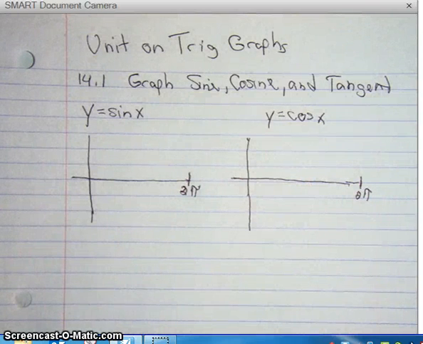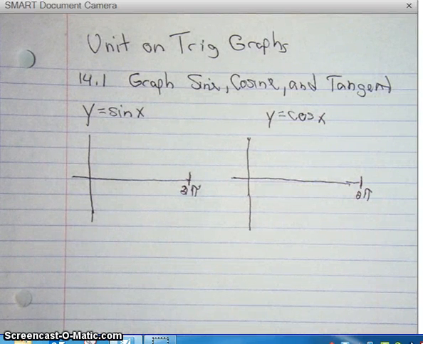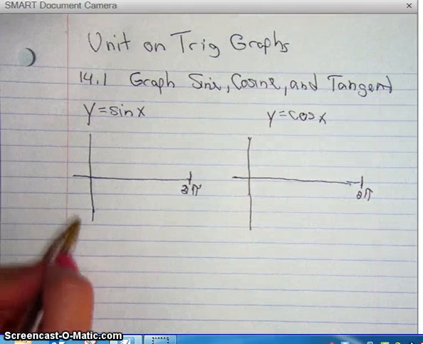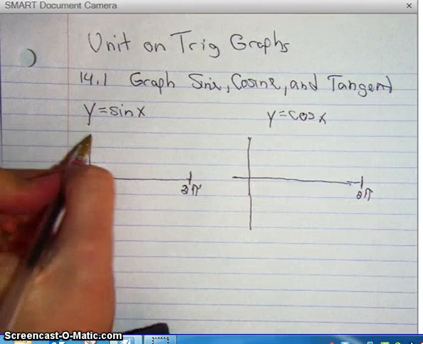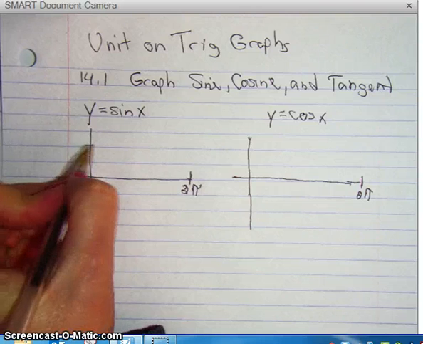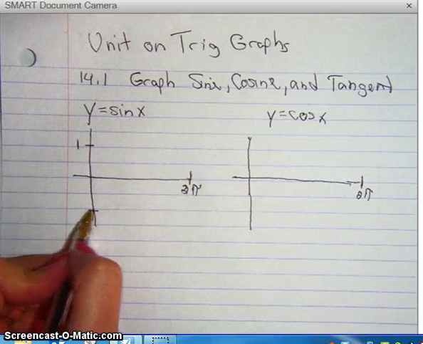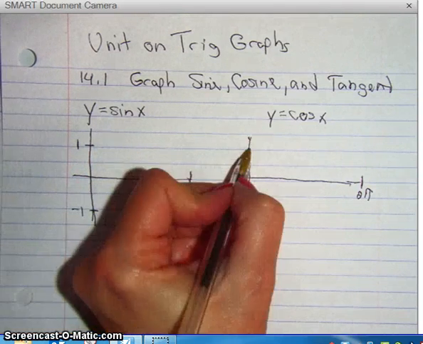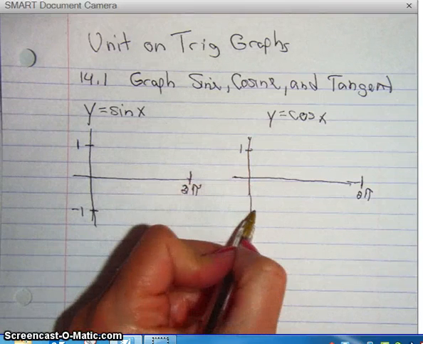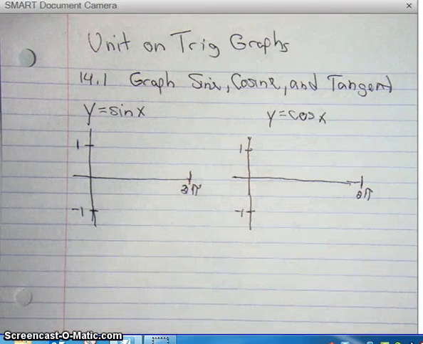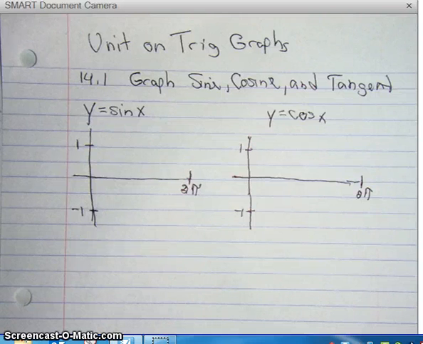From your unit circle, gang, what's the highest and the lowest that sine goes? Yeah, so let's go 1 and lowest, 1, -1. Next thing you do, once you know your period, all is good. All you have to do is do your halfway points.